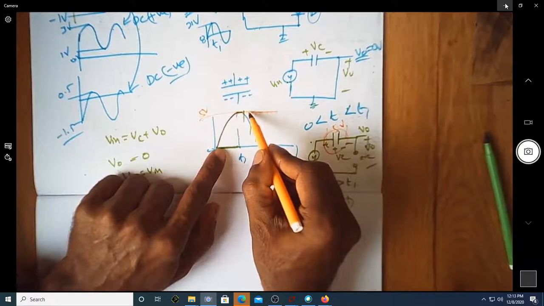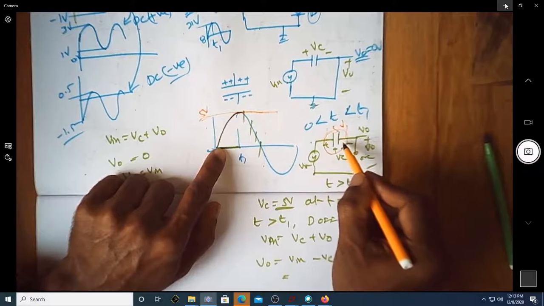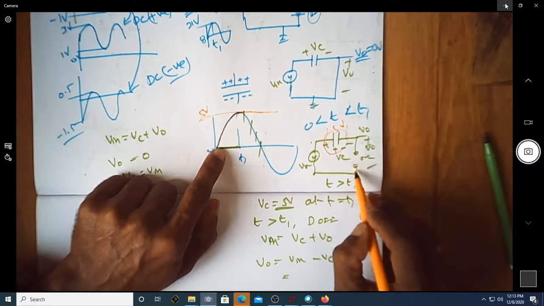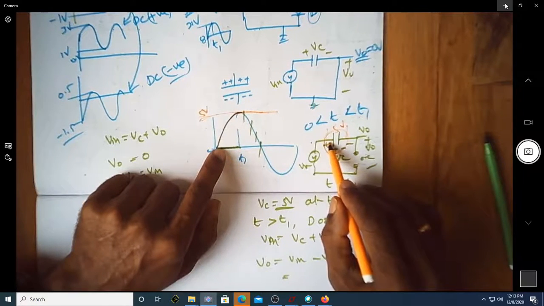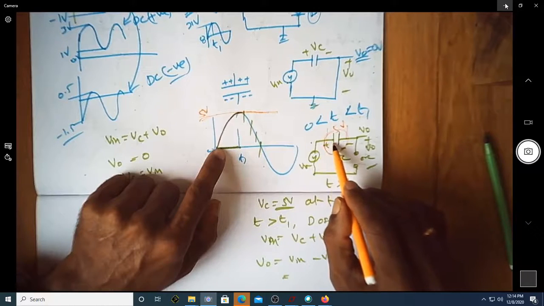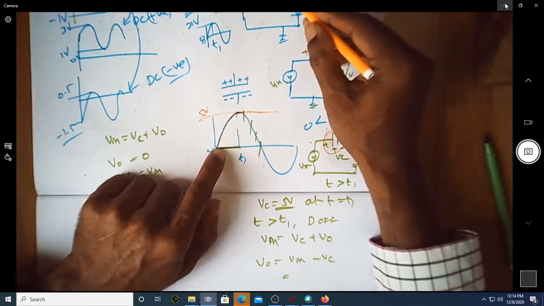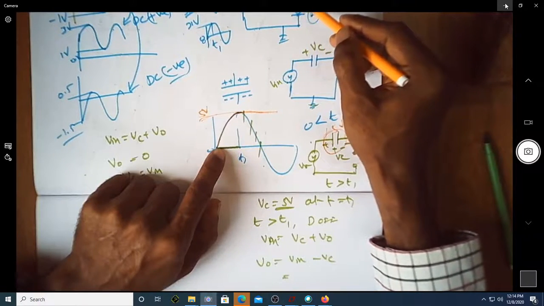The reason the capacitor voltage is not coming down is that the capacitor does not have a closed path for discharging, because this is open now. Why is it open? Because the input voltage started reducing from 5. The capacitor has to give out the energy, meaning the negative charges have to come down here, and once they do, the diode turns off.